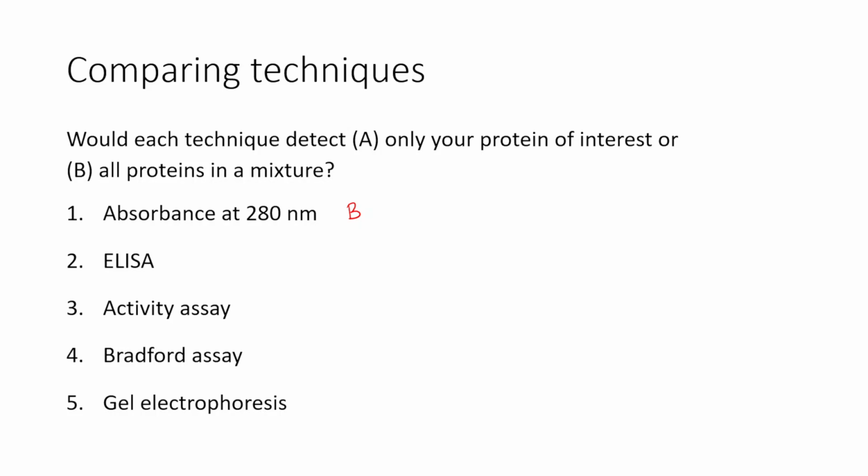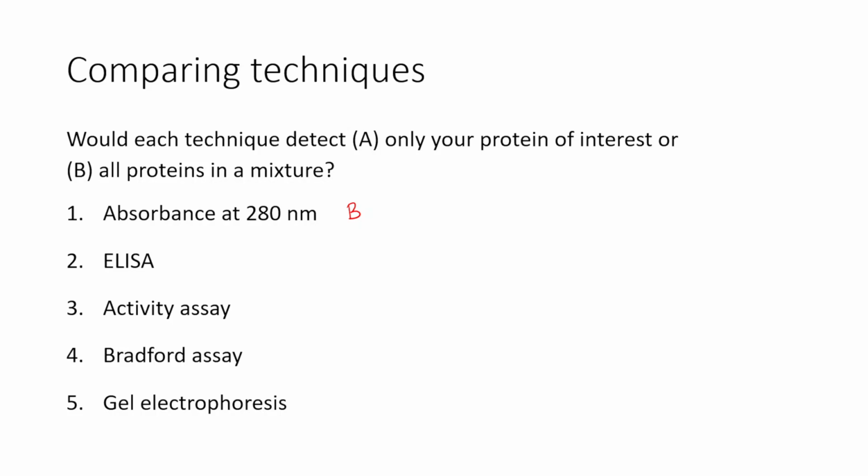What about number 2? What about ELISAs? Are they specific just for your protein, or do they measure all the proteins? So when you're doing an ELISA, you're using antibodies, right? Does the antibody recognize just your protein, or is it sticking to any old protein? It sticks to your protein, yeah.